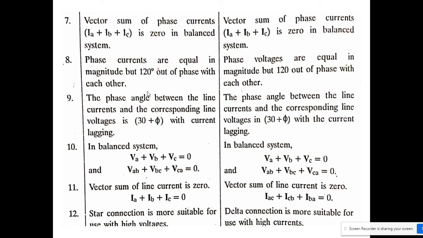The phase angle between the line current and the corresponding line voltage is 30 plus phi with current lagging. And in the delta connection, the phase angle between the line current and the corresponding line voltage is also 30 plus phi with the current lagging.